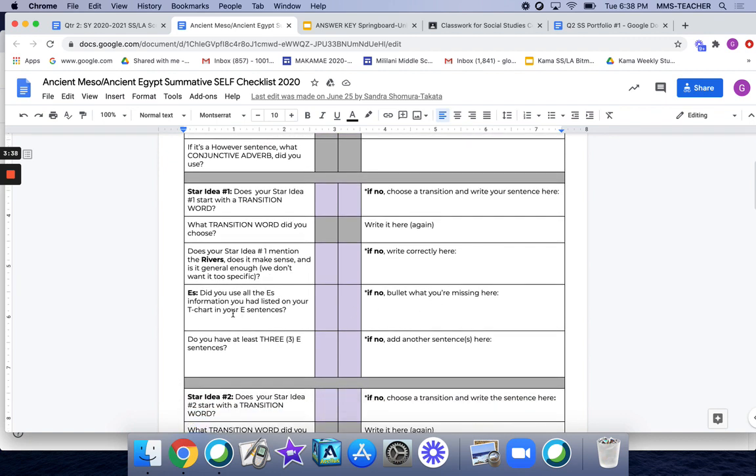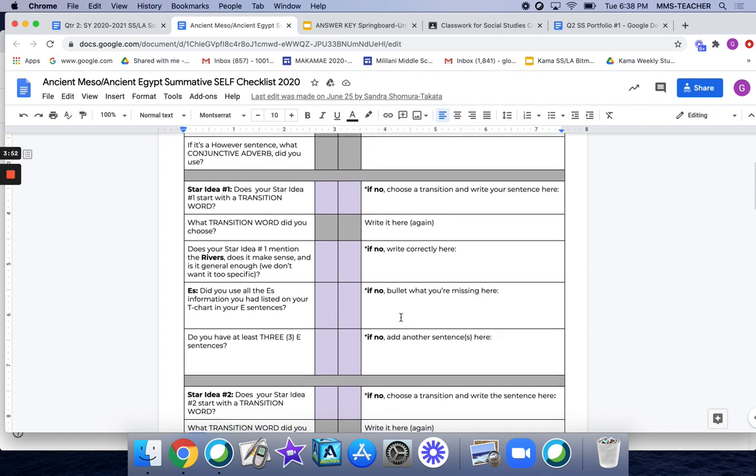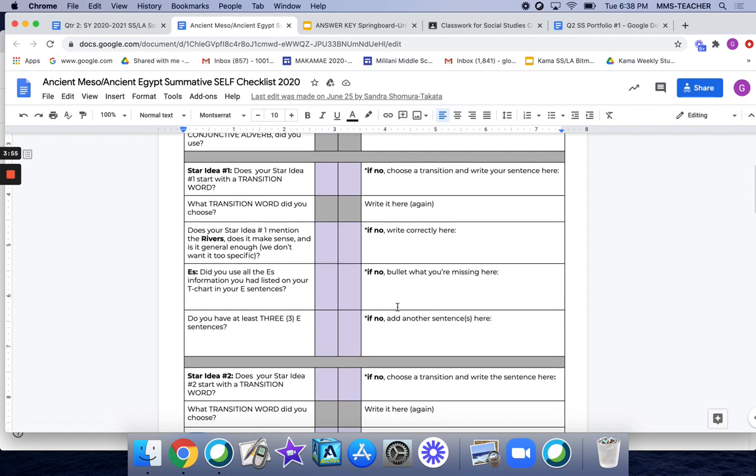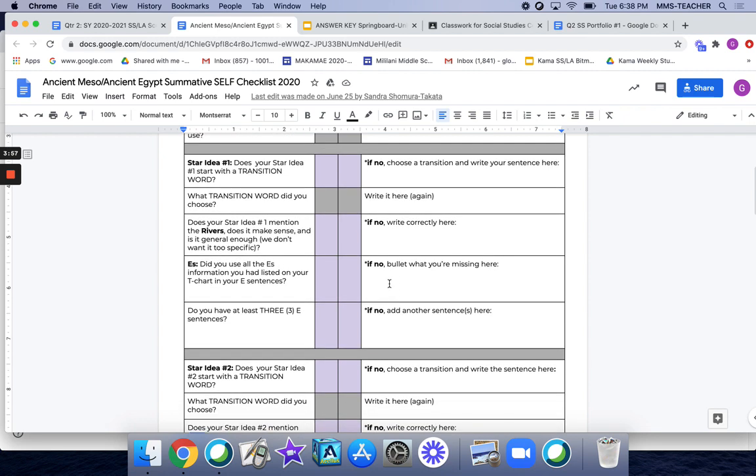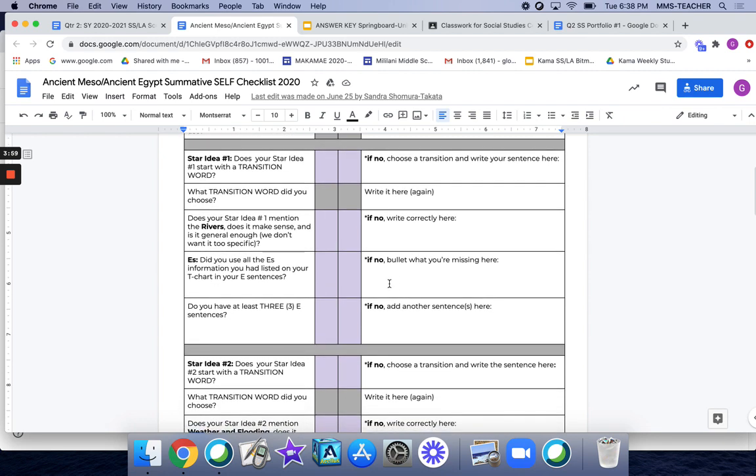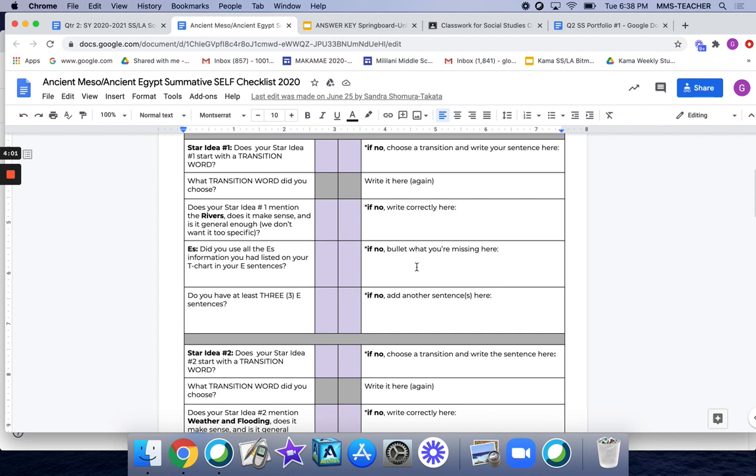Then for your E's, did you use all the E's information you had listed on your T chart in your E sentences? And if no, bullet what you're missing right here, because you know you're going to want to include that. That's part of the E's, is providing all those details, that supporting explanation and examples.